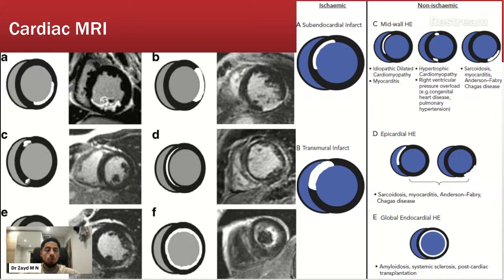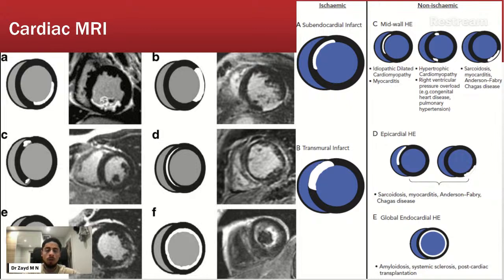So if you look here, image A is actually showing you a cardiac infarct. So this is a subendocardial infarct, oftentimes presenting with non-ST elevation. So this will be an NSTEMI. Okay. If you see here, there's some enhancement in image A in the sort of bottom middle of the picture. Okay.